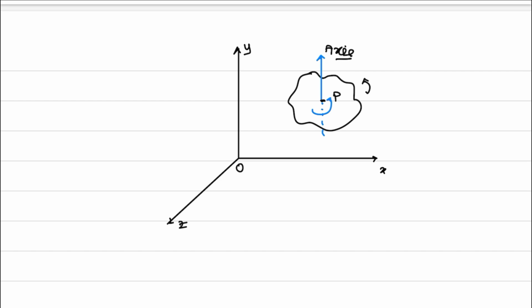That frame can be an axis like this, or some frame like this. This frame will be rotating about an axis. In the inertial case the frame is stationary. Here the frame is rotating about one of the axes of the rigid body.